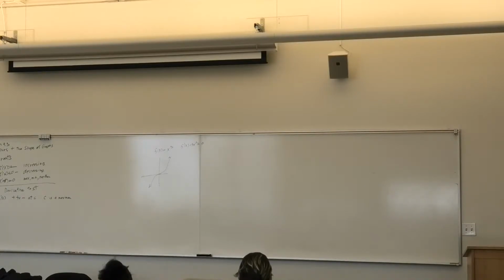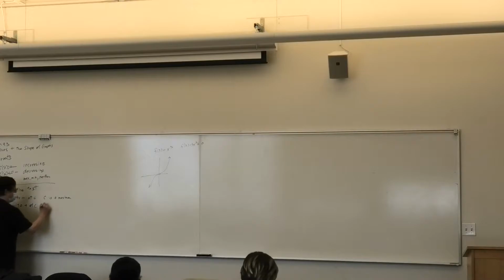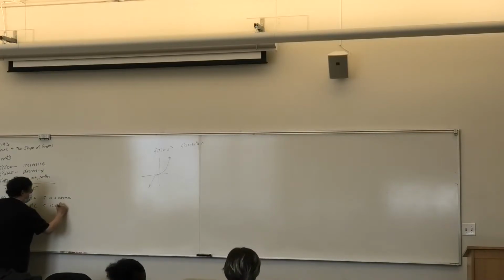The derivative is positive, right? That's a line going up from left to right, and it goes to negative. So between these two, it's going to have a maximum. If f prime of x goes from negative to positive at c, then c is a minimum.